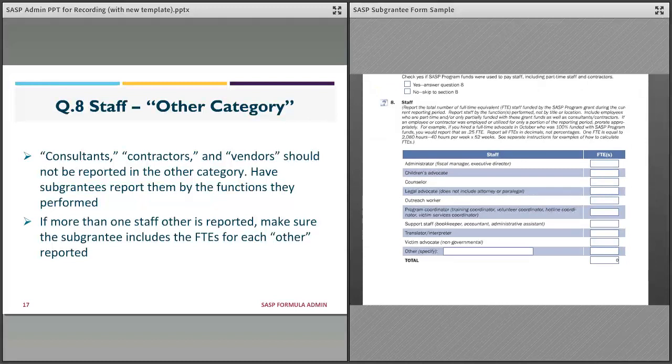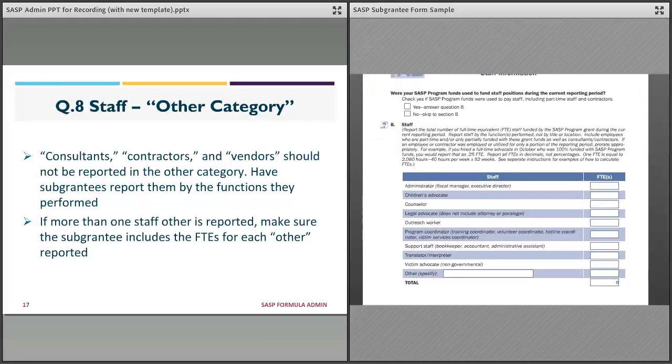Another thing to be on the lookout for when you review SASP subgrantee forms is if the subgrantee reported in the other category. If the subgrantee contracts with another agency for a fixed period of time, for example, to do the work of someone who was on maternity leave perhaps, even though that person may technically be a contractor, that is not what we want to see reported in the other category because it's not very specific.